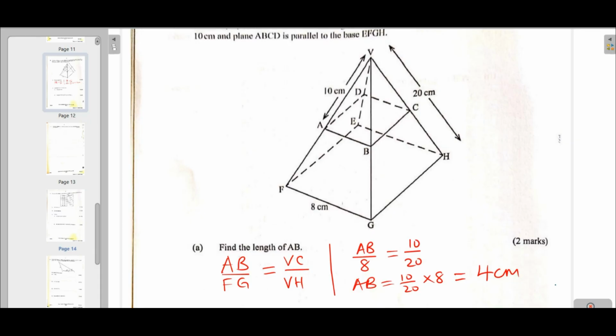Since we know AB is 4 centimeter, BC is 4 centimeter, and at B it is 90, we can use Pythagoras theorem to get length AC.